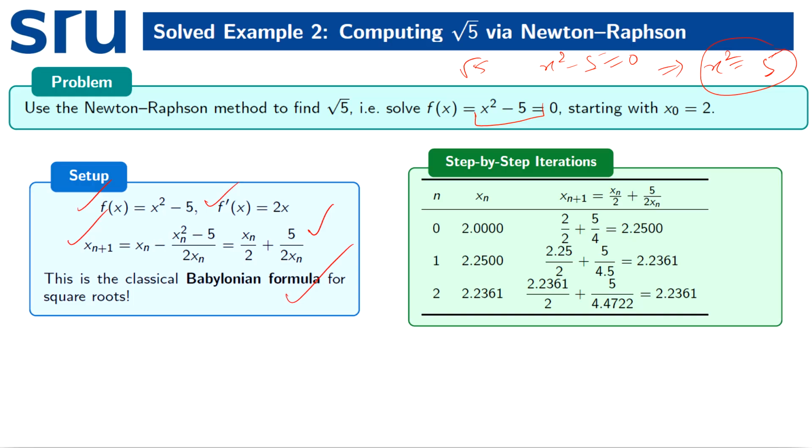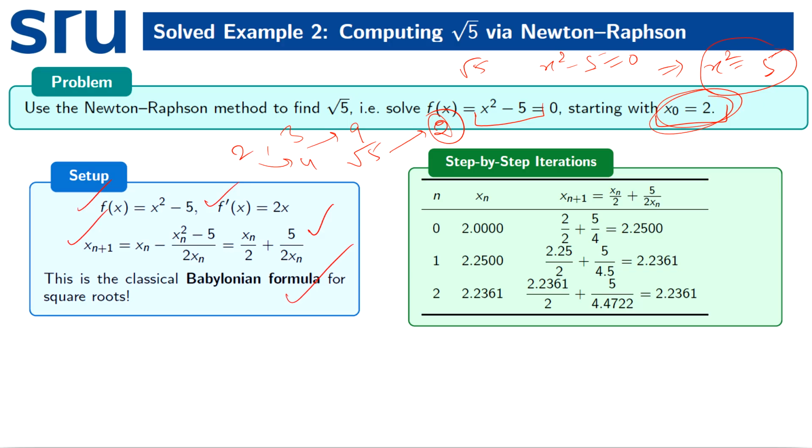Our initial guess is x naught equal to 2. This is reasonable because one number is 2, another is 3, its square is 4, its square is 9. So that means root 5 will lie very close to 2, so our initial guess is 2 here.